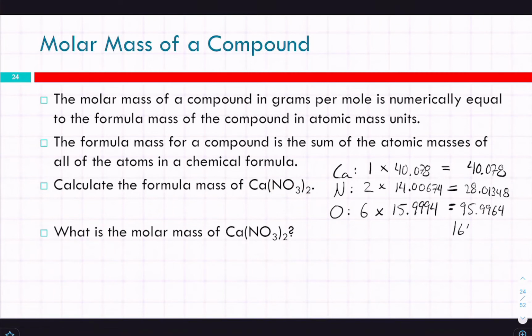So this is going to be 164.08788 grams per mole. So the formula mass is 164.08788 grams of calcium nitrate per mole of calcium nitrate. And the molar mass is the same.